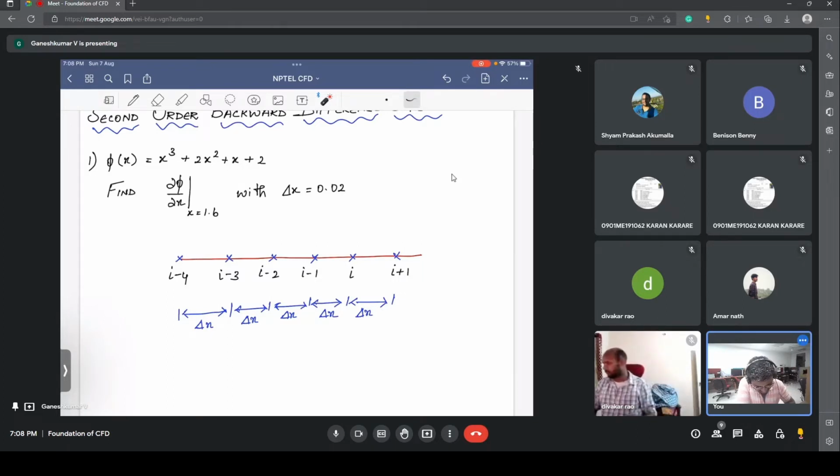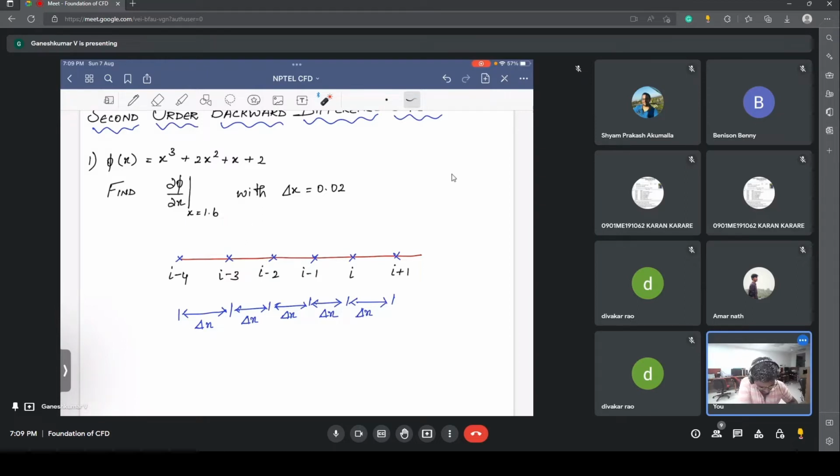Since it's a polynomial function, you can easily differentiate it and get the value at x equal to 1.6. But we are going to use discretization schemes to get this value without differentiating.